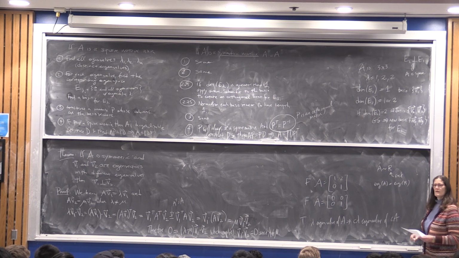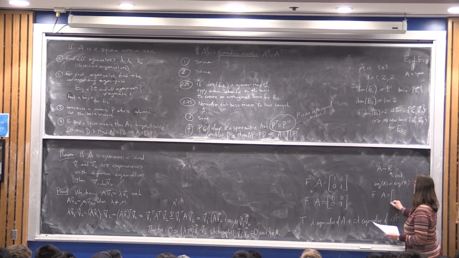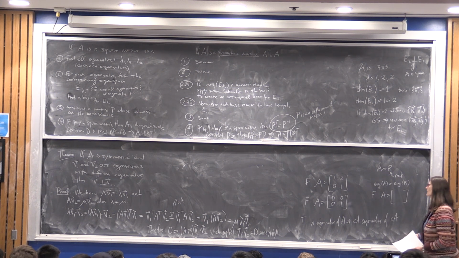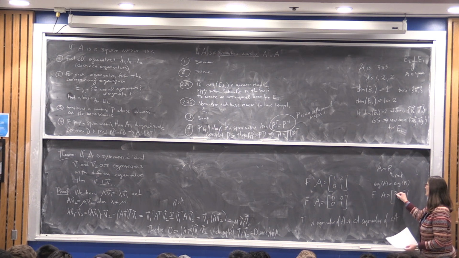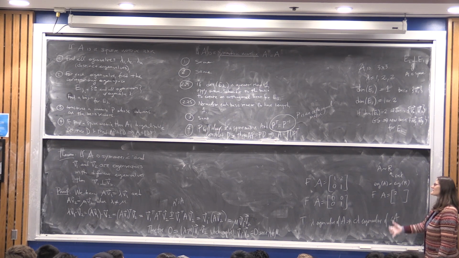Okay, good. What's your counterexample? Well, you have to be specific. 1, 2, 3. Anything in order. Okay, what's the easiest matrix to write down the eigenvalues?